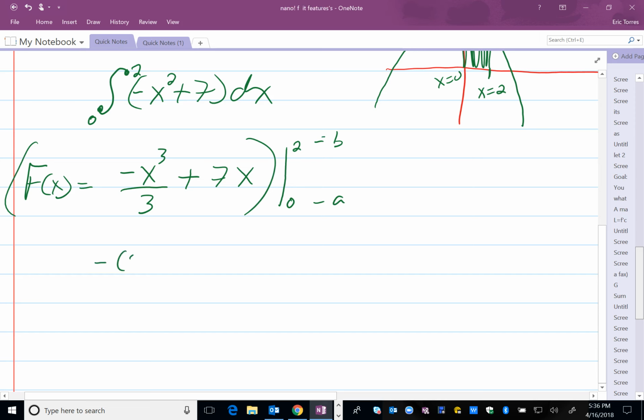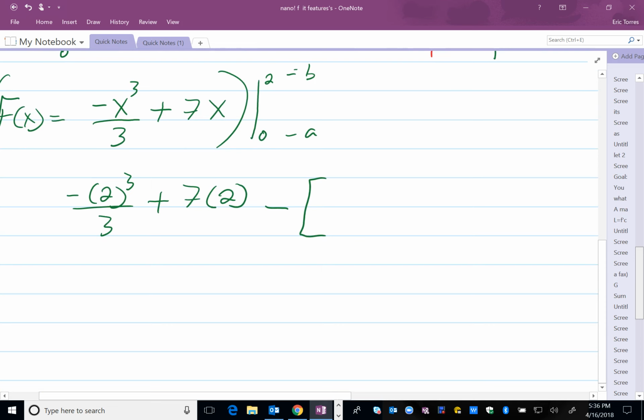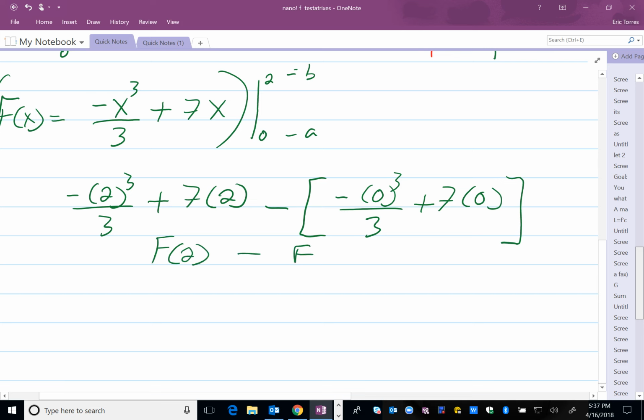So we have negative 2 cubed over 3 plus 7 times 2, minus, make sure you use grouping symbols so that you distribute that negative correctly, negative 0 cubed over 3 plus 7 times 0. I just plug in 0 for x. So this is F of b minus F of a. That's what you're looking at there.